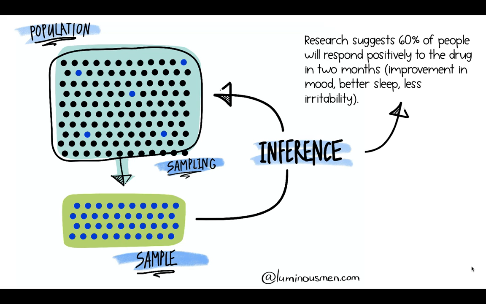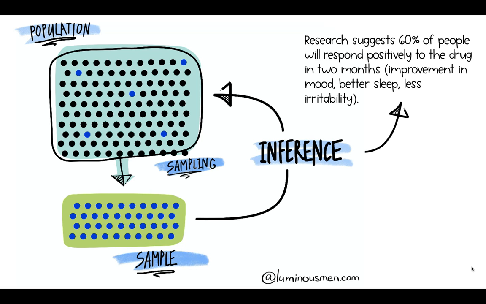Turning that into an inferential statistic now, we're using that descriptive information to make an inference about the larger population. Now we can say research suggests that 60% of people will respond positively to this drug in 2 months.